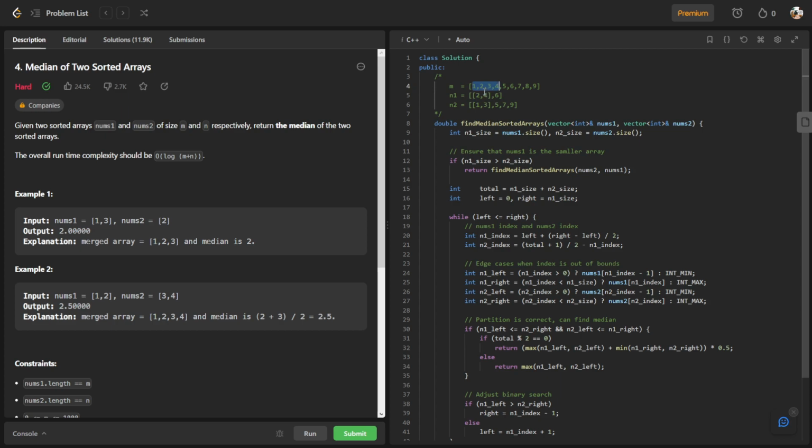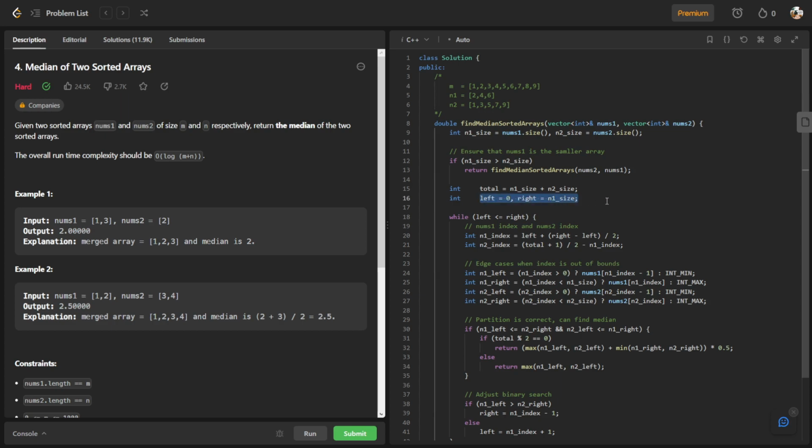When we successfully get that, then we know the next number would be the median, or the next number plus 1 divided by 2 if the array is even. That's why we need the total, so that we can divide both arrays correctly. I'll explain a bit more later, but let's continue first.